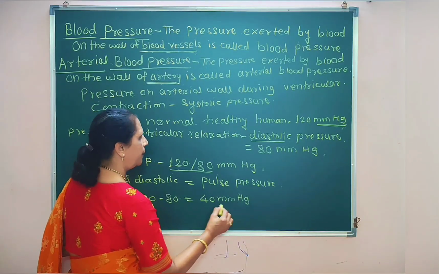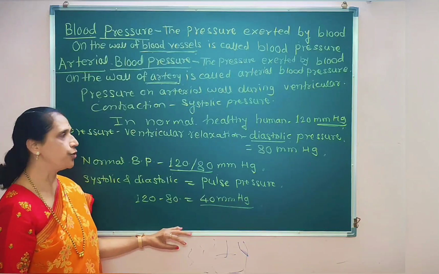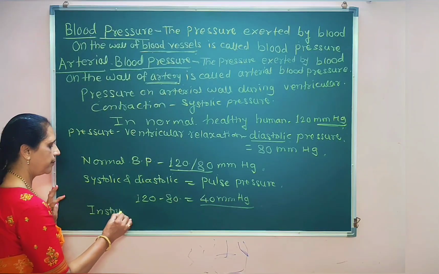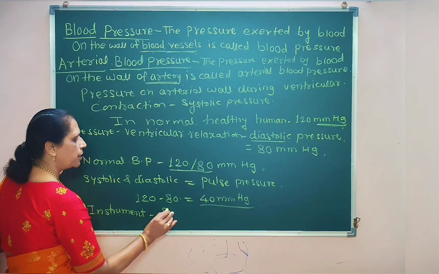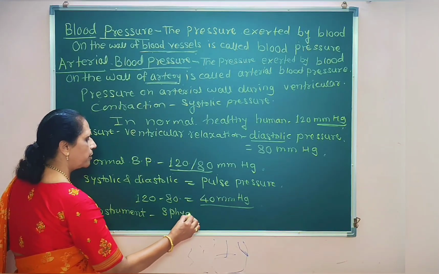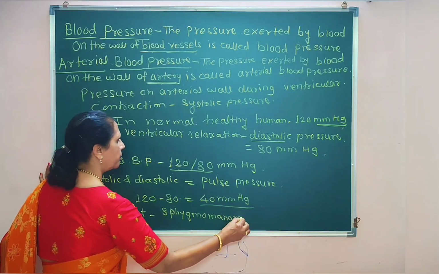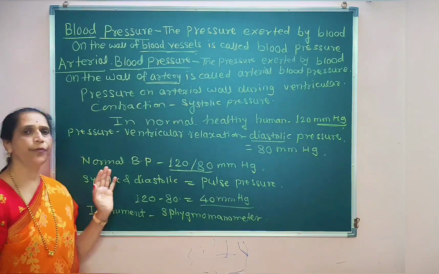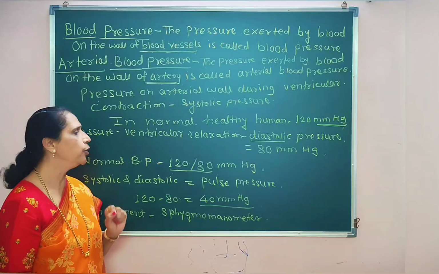In a normal adult the pulse pressure is about 40 mm of Hg, and blood pressure is measured by an instrument called sphygmomanometer.